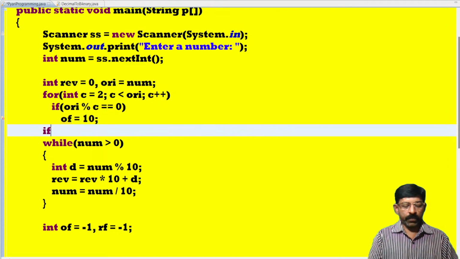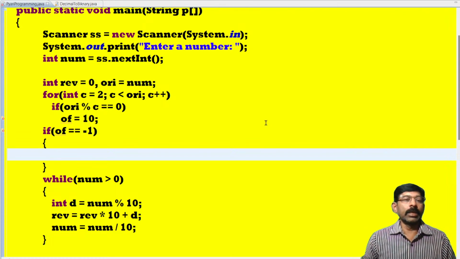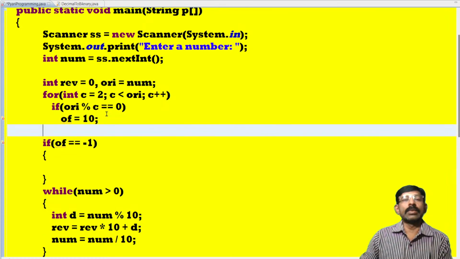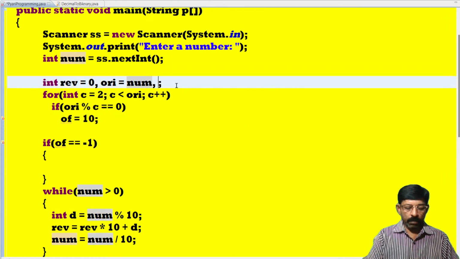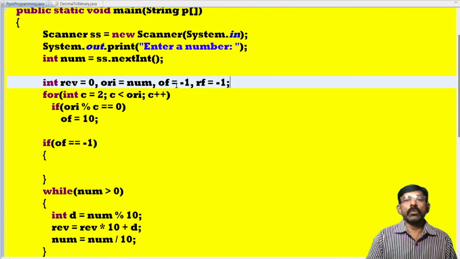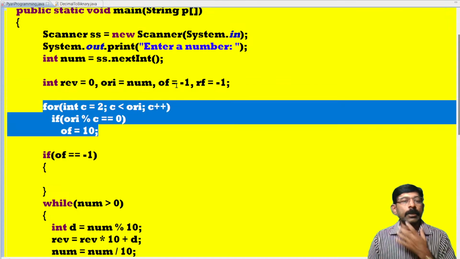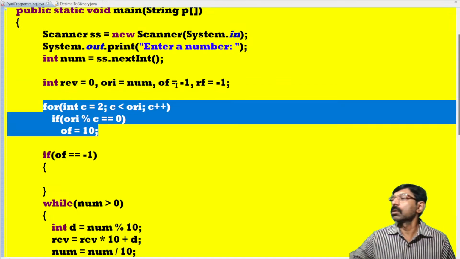I will say if original flag is equal to -1, if the original is prime, then I will get inside. So your original flag will come above, and reverse flag equal to -1 will come below. So first of all, for 10th class, I will check whether this one is prime or not.